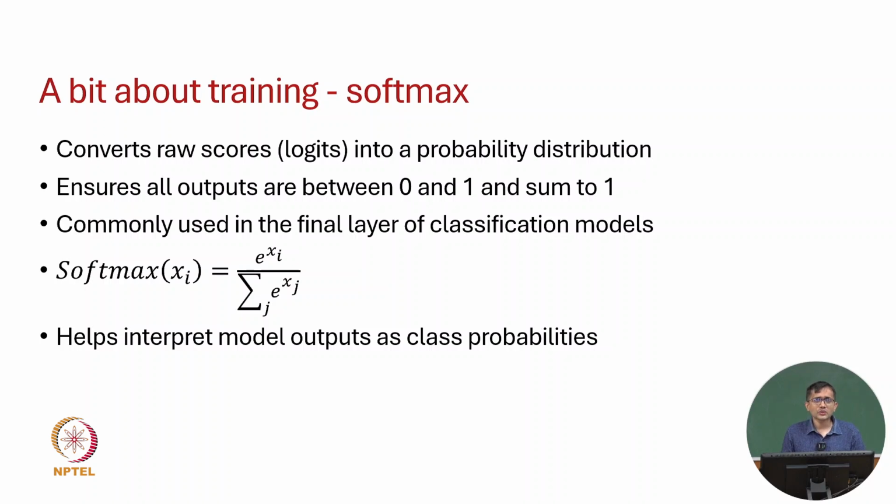The softmax ensures that all the outputs are between 0 and 1 and sum to 1. So we commonly use softmax in the final layer of the classification model, and this helps interpret our model outputs as class probabilities.